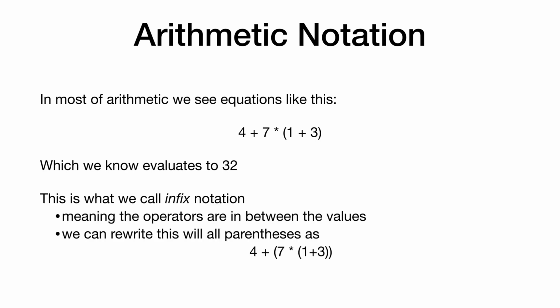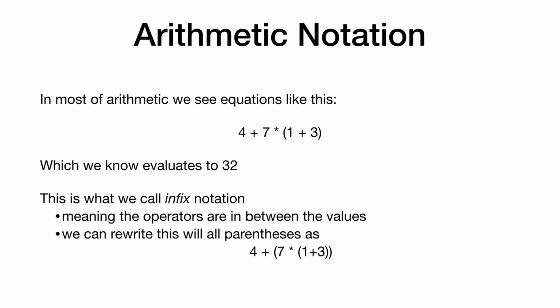So this is what we call infix notation, right? This is in order, meaning the operators are in between the two values that they're acting upon. We've left some stuff out here to make it easier to read, because we understand that there's an order of operations.